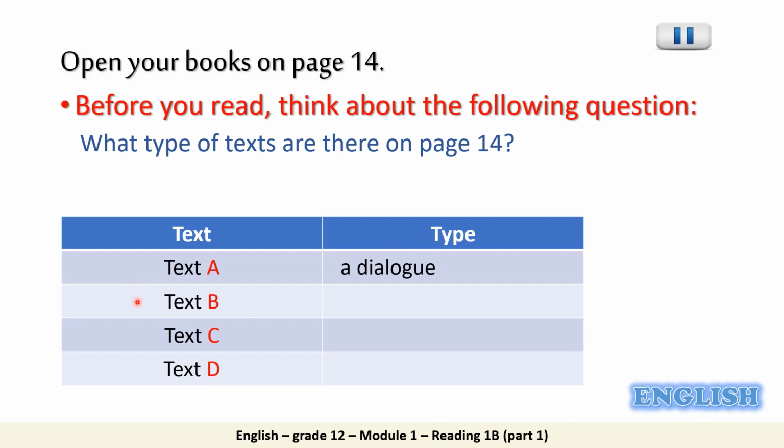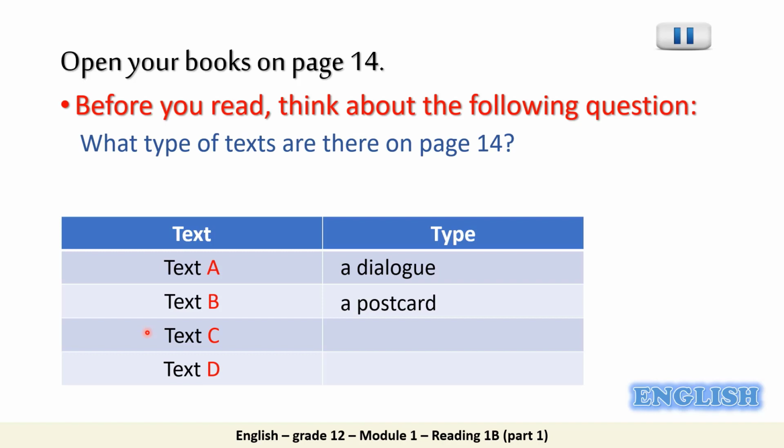What about text B? Is it an email? Is it a letter? No, it is a card. We've got a picture, an address, and this makes text B. Well done. It is a postcard. How about text C?